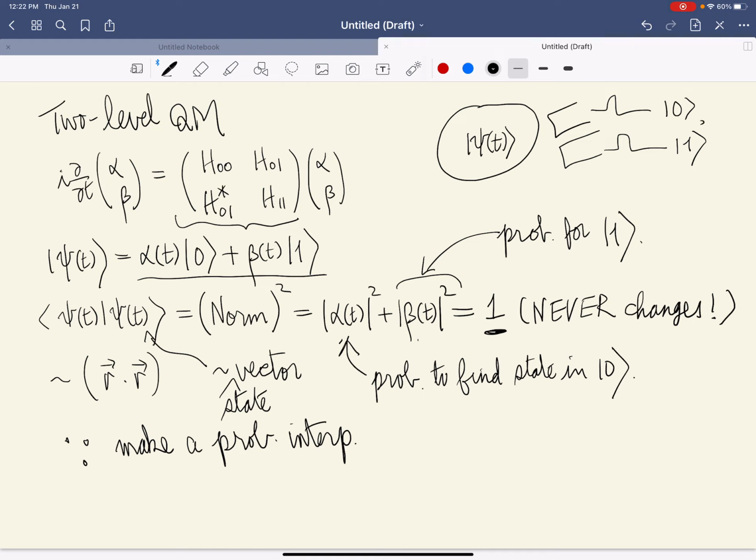Okay, so for example, you can think of the zero state as the spin up and the 1 state as the spin down, and maybe this apparatus is some sort of a magnet, and this magnet happens to deflect the spin up particle to the left and the spin down particle to the right, or something like that. Okay, so that can be a measurement apparatus.